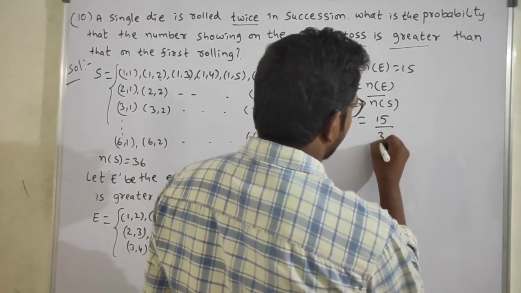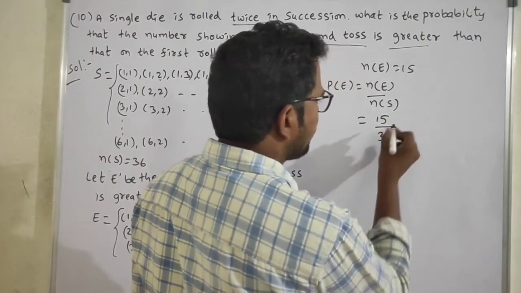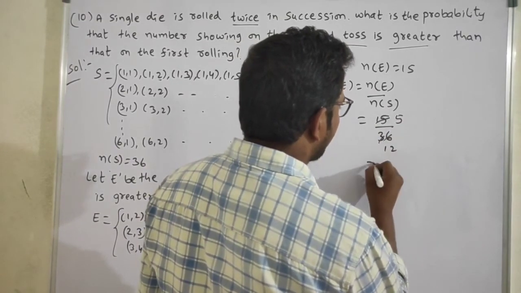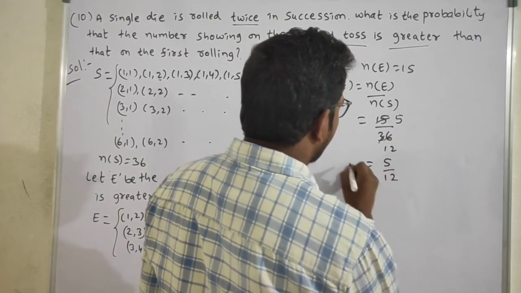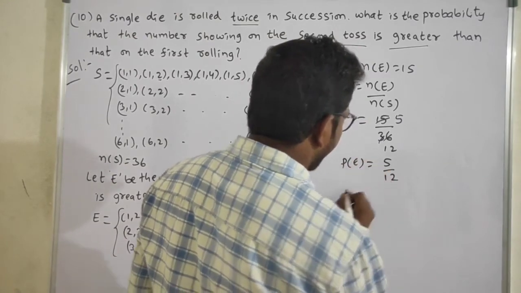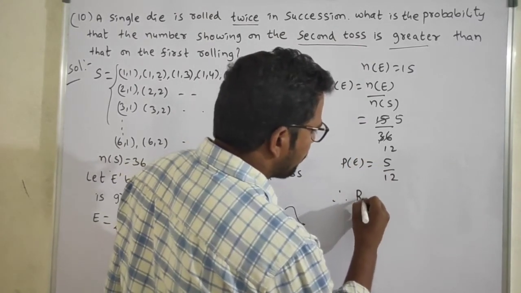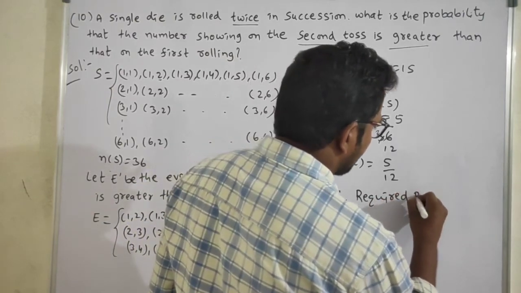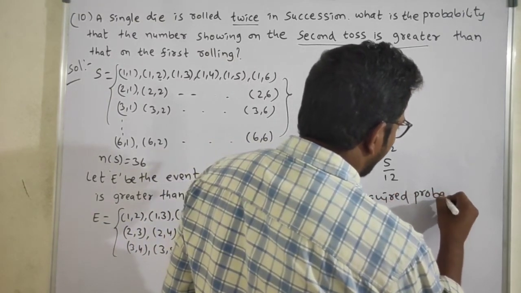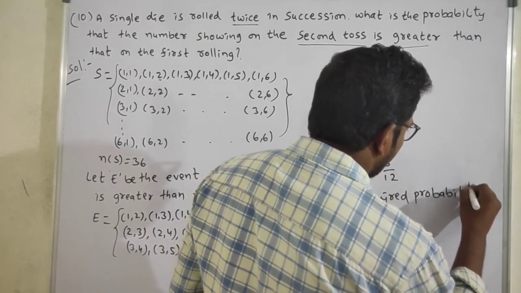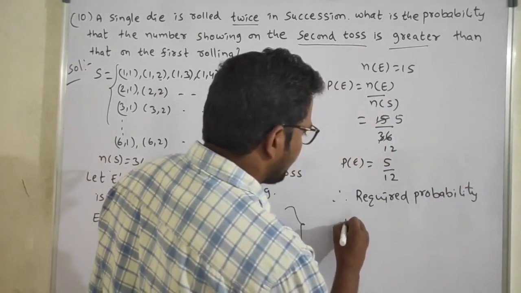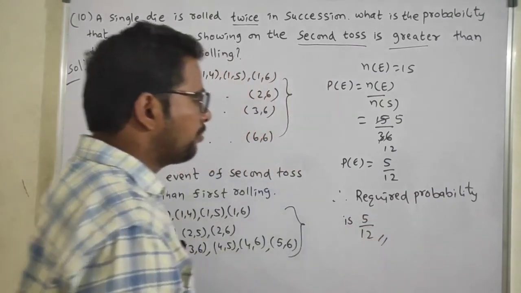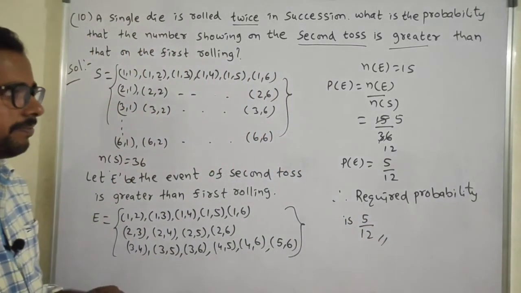Doing the cancellation, 3 fives are 15 and 3 twelves are 36, so it is 5 by 12. This is the required probability. Therefore the required probability is 5 by 12.